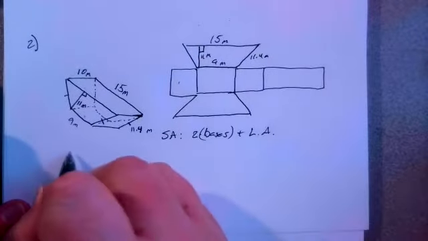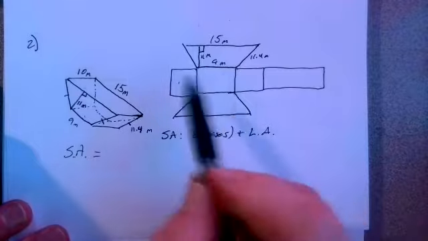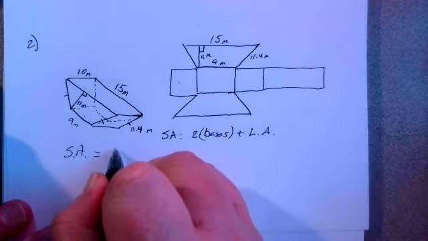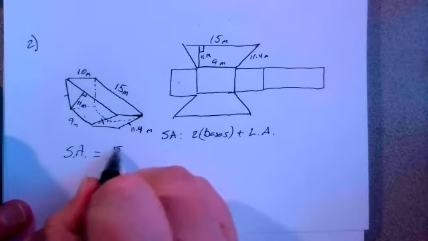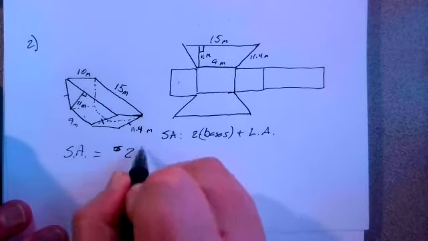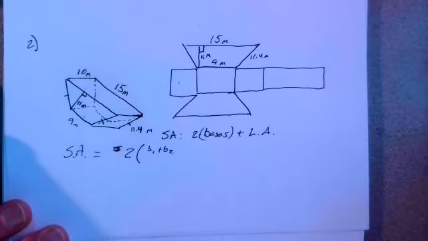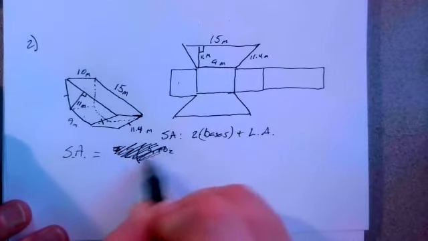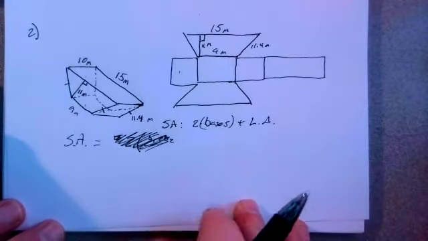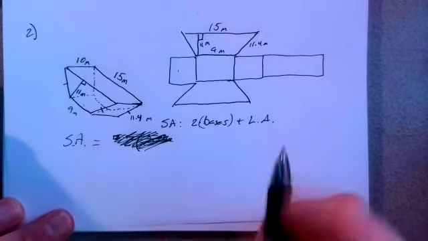So here we go. Our surface area is, for this one, base 1, we have 15. Oh, excuse me, I need 2 of these. Hold on. Erase. Try again.